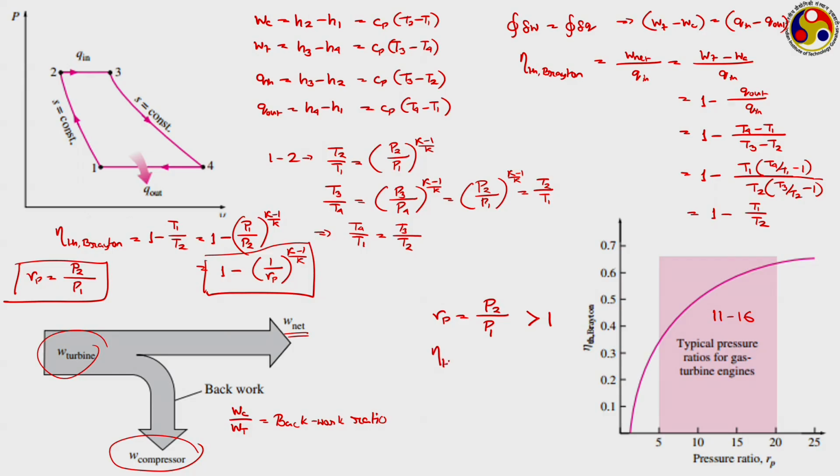Then the thermal efficiency for a Brayton cycle is 1 minus 1 upon Rp to the power (k minus 1) upon k, where k is the ratio of specific heats, and the back work ratio is given as the ratio of compression work to the turbine work.